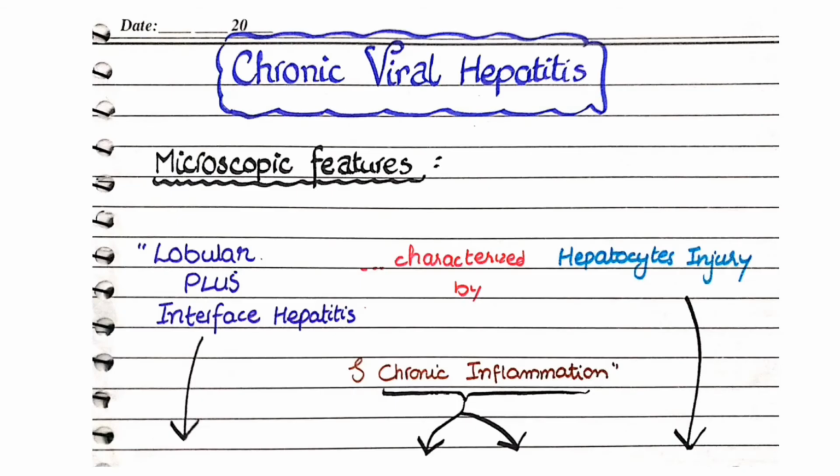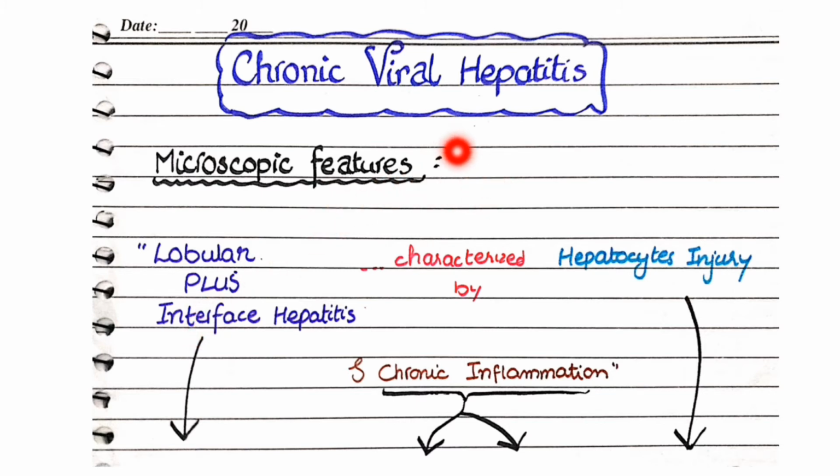Now after acute viral hepatitis, let's come to the pathological features in chronic viral hepatitis. For chronic viral hepatitis, the keywords to remember are lobular plus interface hepatitis characterized by hepatocytic injury and chronic inflammation. In acute viral hepatitis, we studied that the keyword was lobular hepatitis. But here in chronic viral hepatitis, the keyword is lobular plus interface hepatitis.